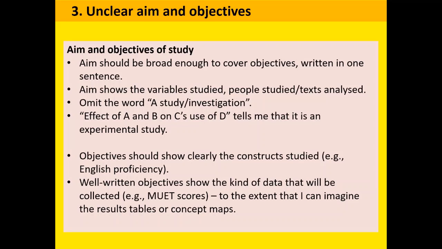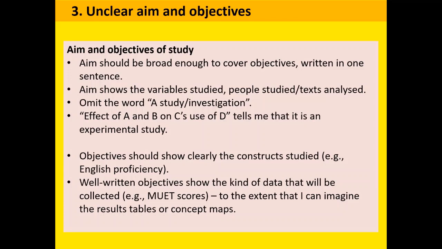If I am not doing an experiment, I cannot use the word effect. I use the word influence. So you can study influence using questionnaire, influence of A on B. You will see that quite a few of my papers use influence.